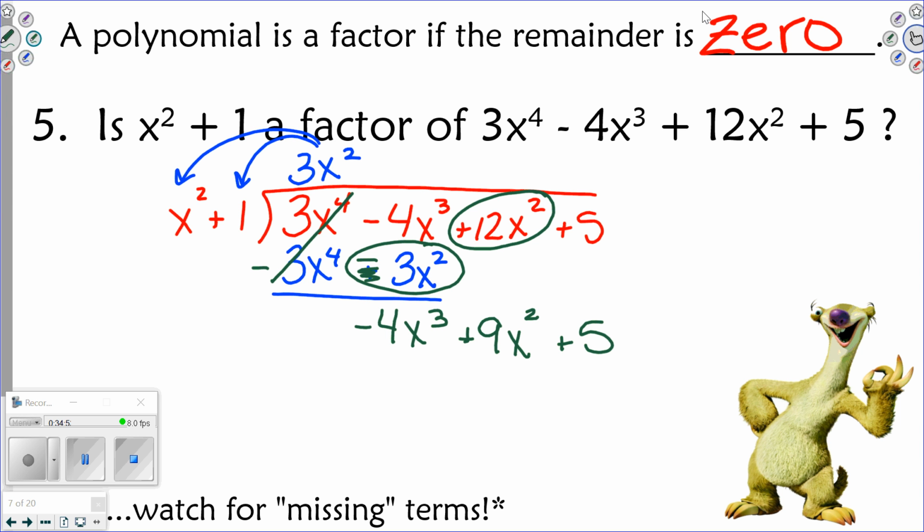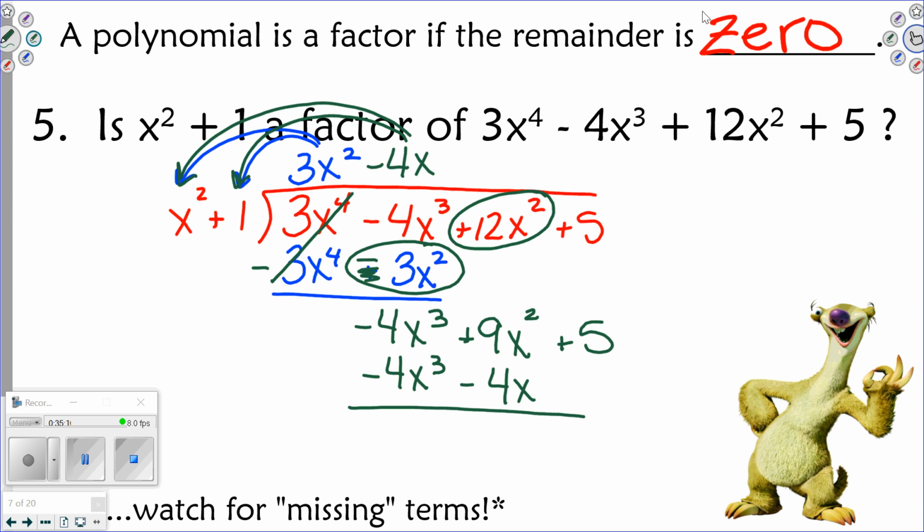What do you multiply x squared by to get negative 4x cubed? Negative 4x, good. Negative 4x times x squared is negative 4x cubed, negative 4x times 1 is negative 4x. Then what? Where did I lose you? I did negative 4x times x squared. It's negative 4x cubed.